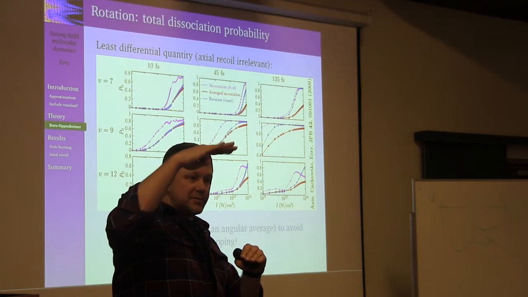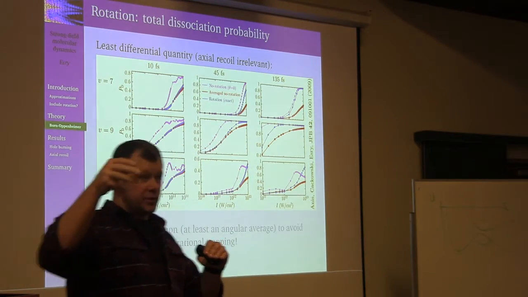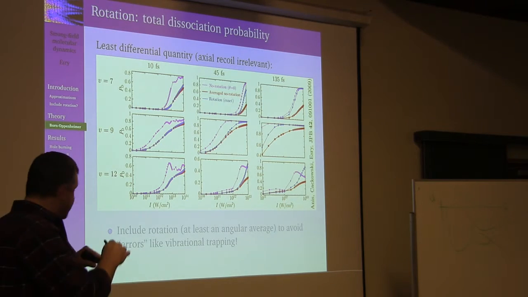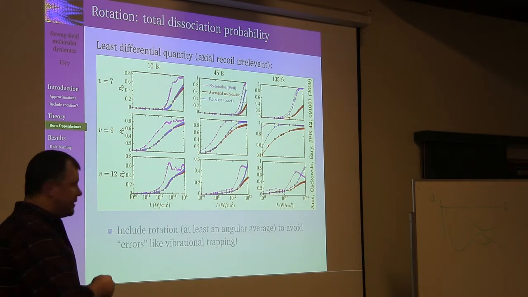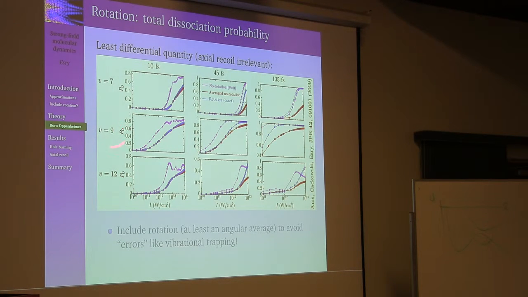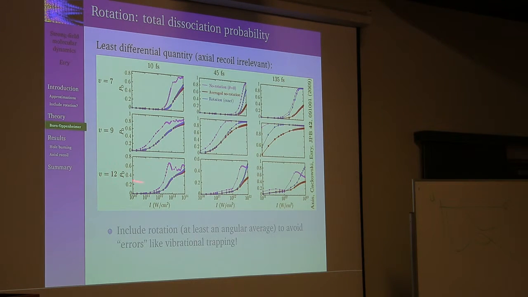That's the last bound state in H2+, for J equals 0. So V equals 0, 1, 2, 3, up to 19, and I just picked a few of these out. We picked 9 because it turns out that's the one that dissociates the most, typically in 800 nanometer light. And these are just representative other states.